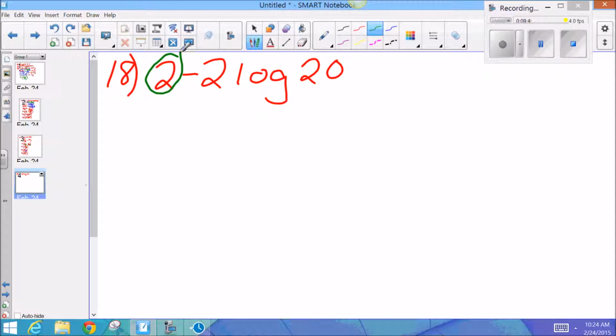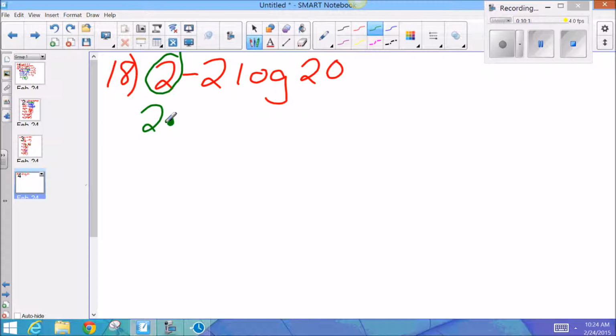In order to put this in the form of one log problem, I've got to convert that number to a log, all right? So this is base 10. So if I want that number to be in the form of a log, I'm going to replace 2 with 2 times a log base 10 that is equal to 1.